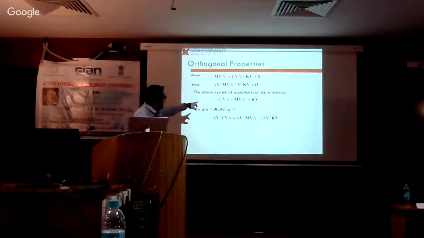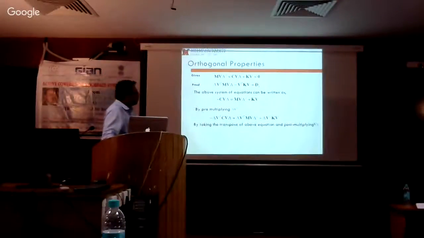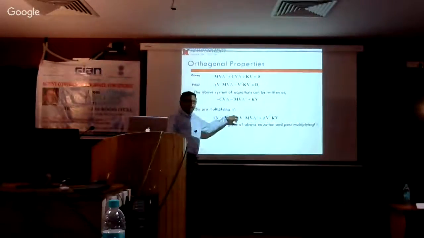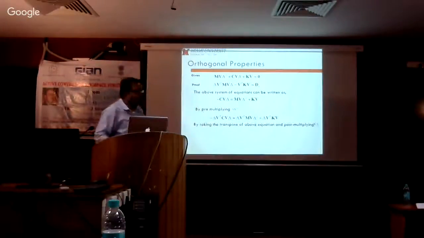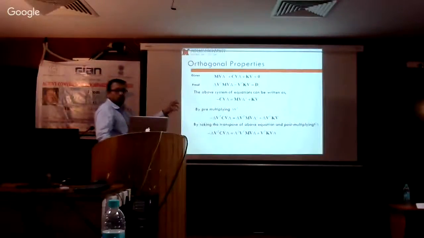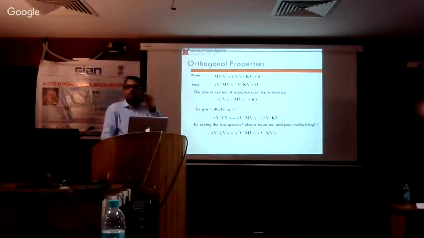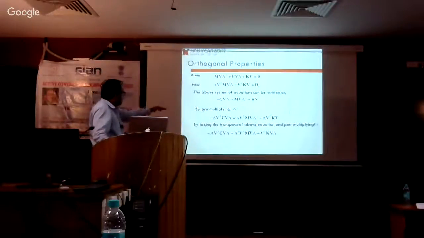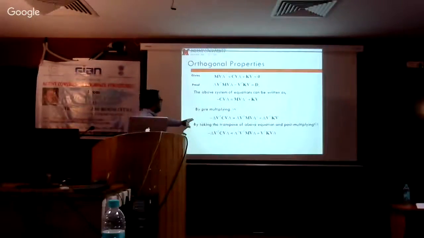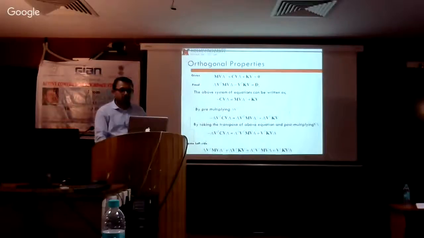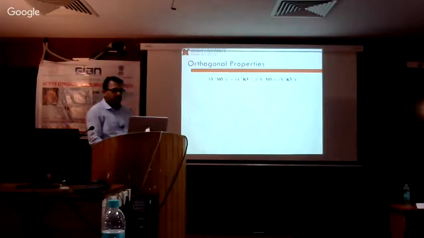Then again I can take the transpose of this expression and then post-multiply by B times the sigma matrix. You know that transpose of A times B is B transpose times A transpose. That's exactly what I'm doing. So what will it give us? It will give us two expressions which have the same left hand side, which means the right hand side is also equal.